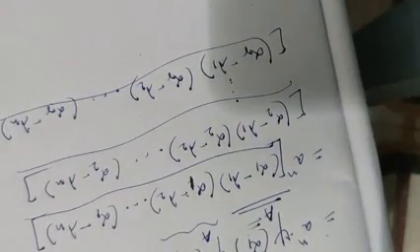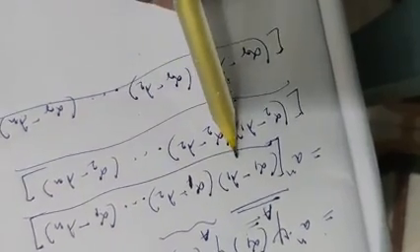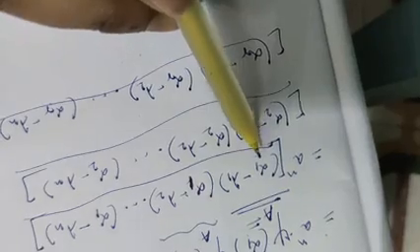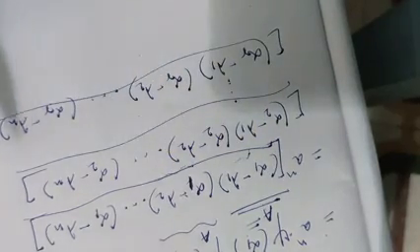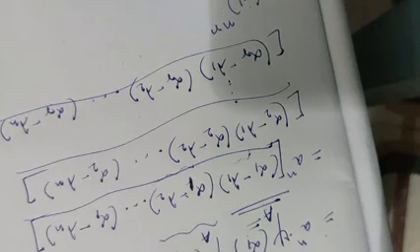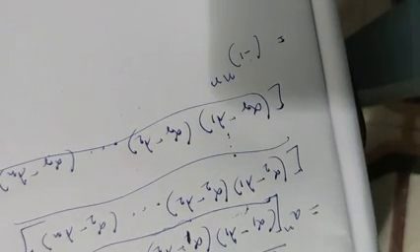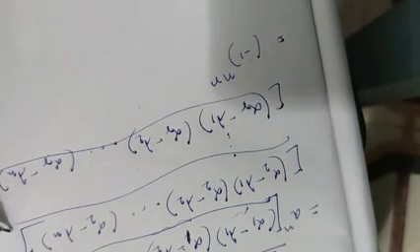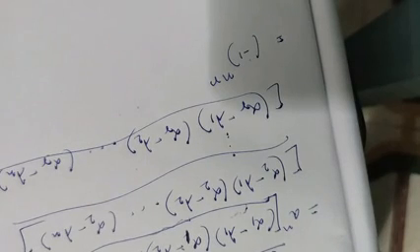Now there are total r bracket terms. In third bracket there are total r terms, and for each bracket there are total n terms. Now we want to take minus common, so we will get minus 1 whole to the power nr, total nr number of terms, because there are r brackets, and in each bracket there are total n terms.